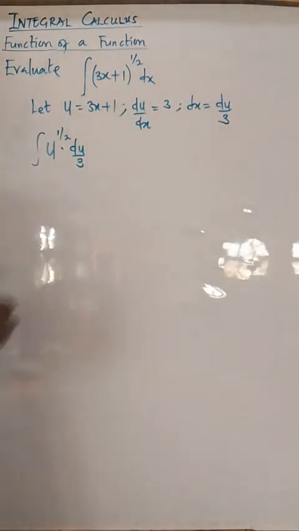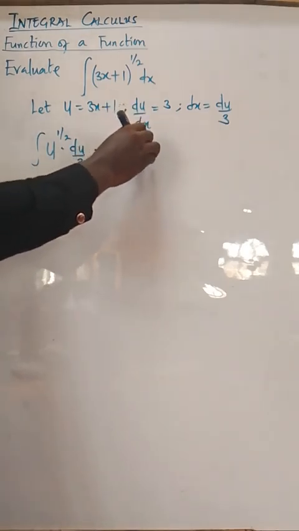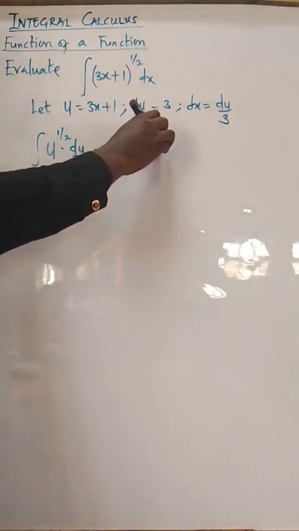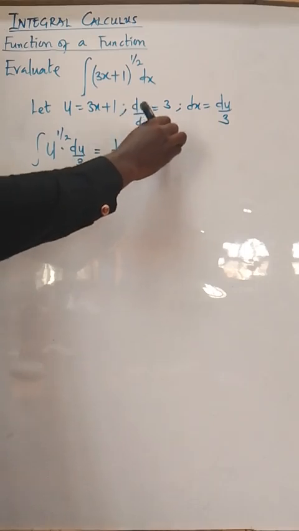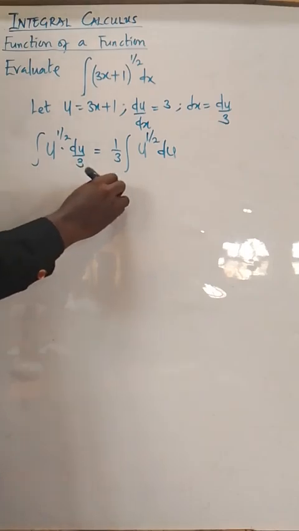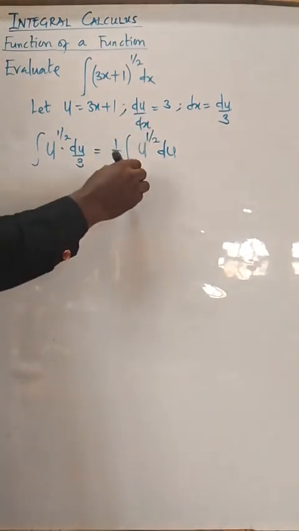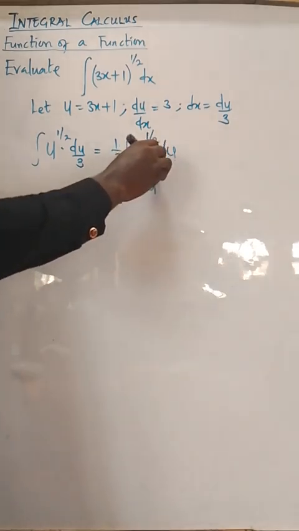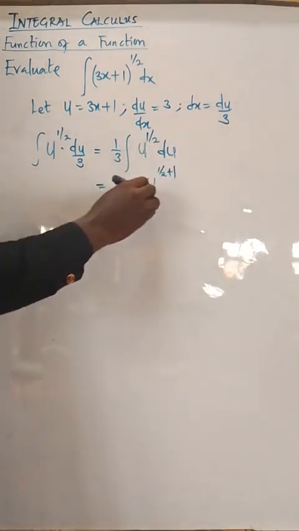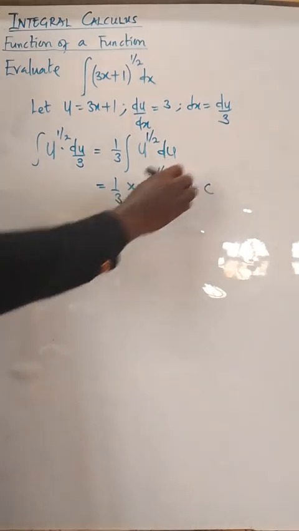Then this 3 is a constant, we can bring it out, and this becomes 1 over 3 integral of u raised to power half du. Aha, we can now integrate. How do we integrate? We add 1 to the power, divide by a new power. So initially we have half there, so this becomes u raised to power half plus 1 divided by half plus 1 plus c.